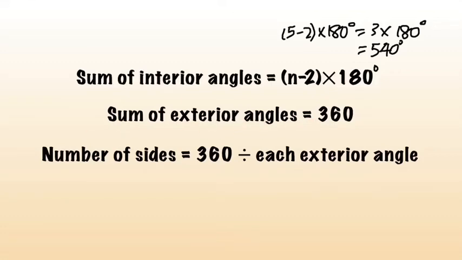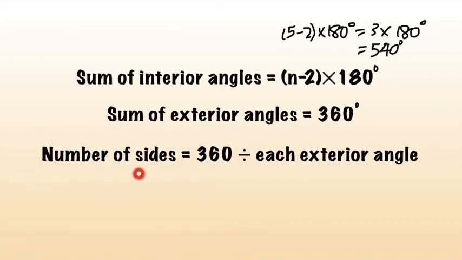So the second calculation is about the sum of exterior angles. So the exterior angles for any kind of polygon are the same. So it will be 360 degrees. Which means that no matter if it is a pentagon, hexagon, heptagon, octagon, all of them have the same sum of exterior angles, which is 360 degrees. And the last one is about the number of sides.